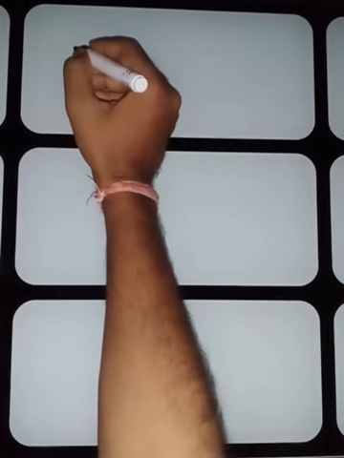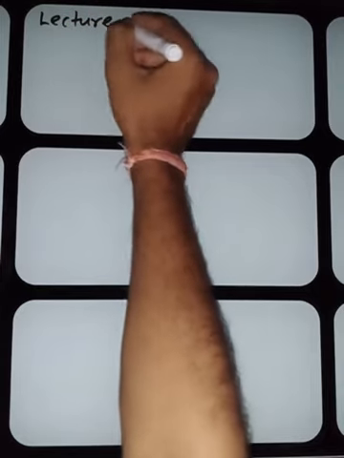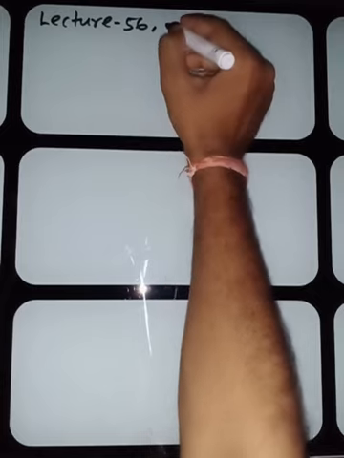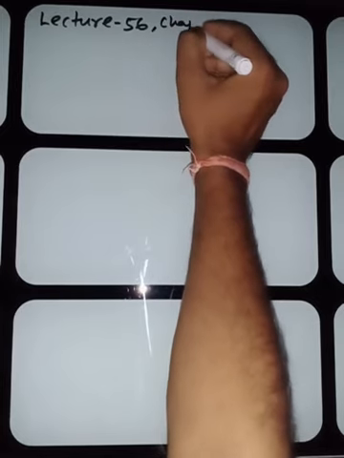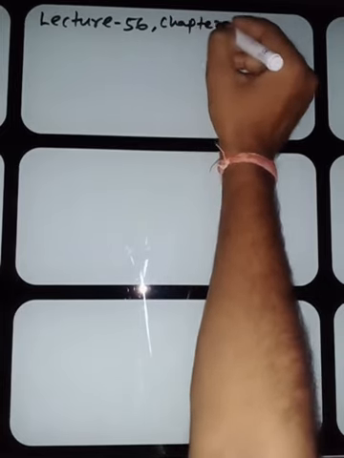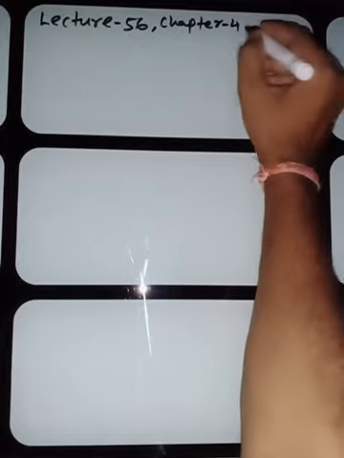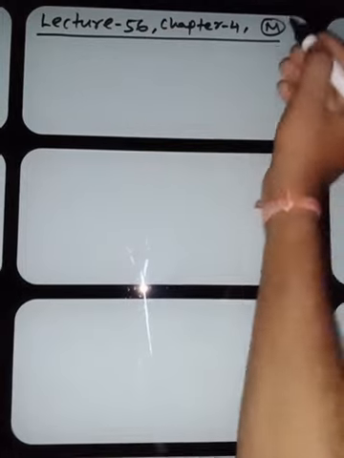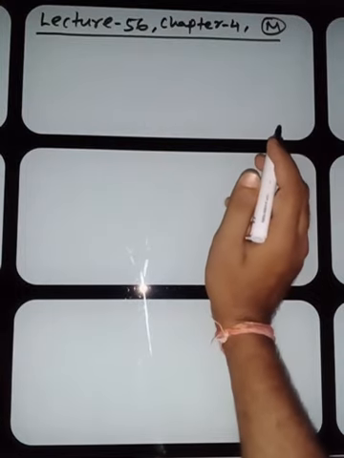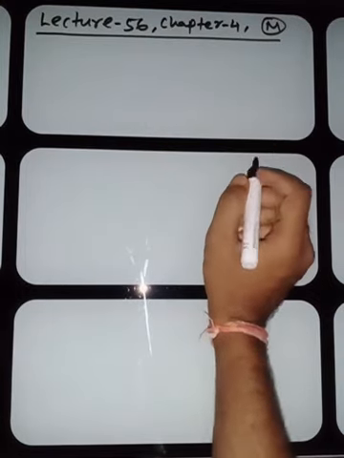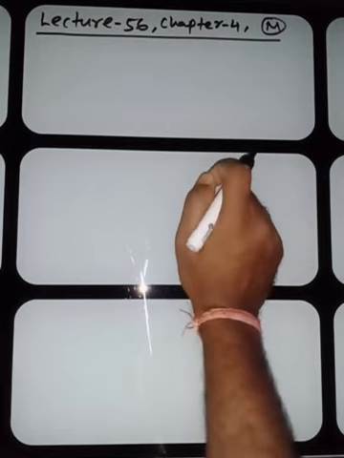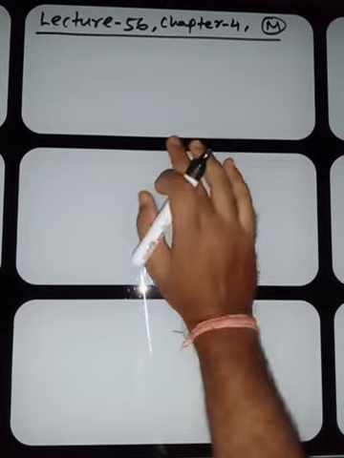It is lecture number 56 of chapter 4, moving charge and magnetism. Students, we now have a maximum of 2 to 3 lectures left in this chapter.